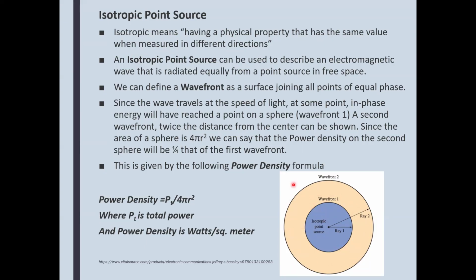So isotropic, it just propagates all around. An isotropic point source can be used to describe an electromagnetic wave that is radiated equally from a point source in free space. It just doesn't go one direction. The antenna radiates all around.